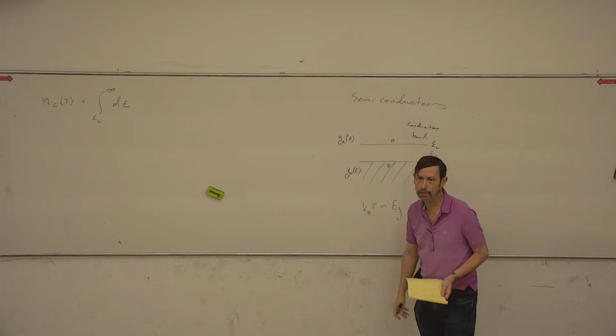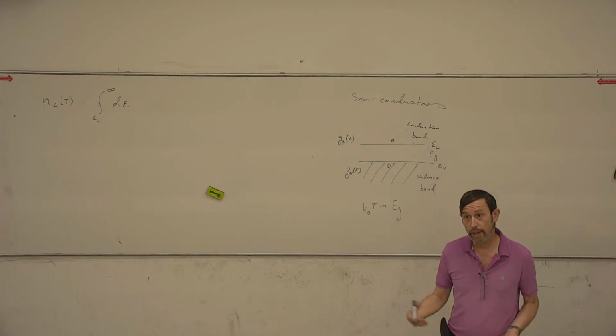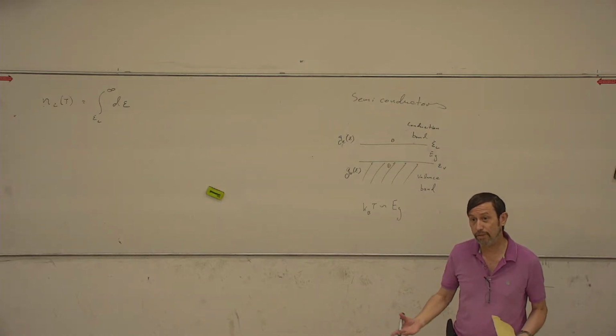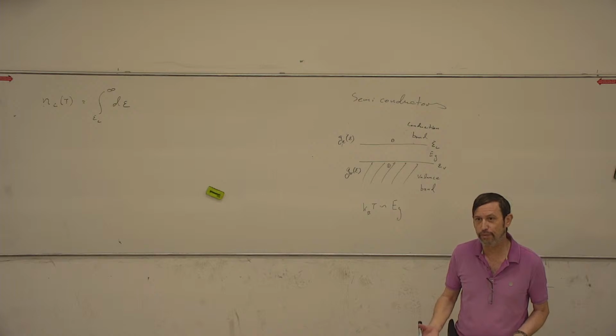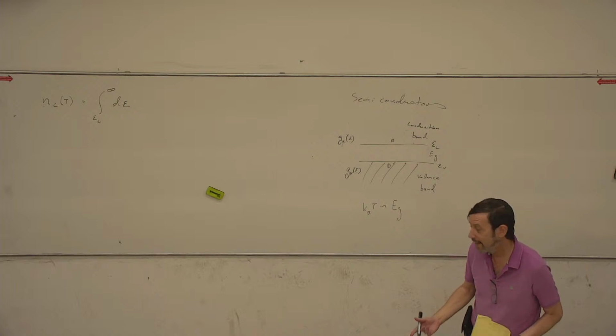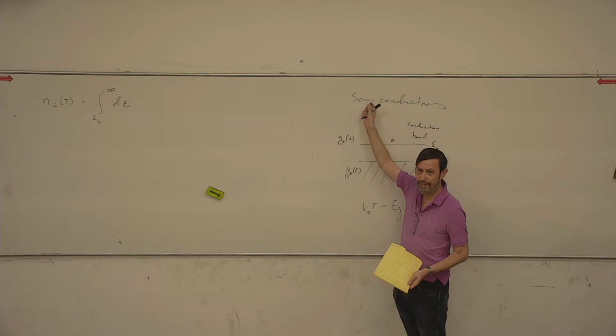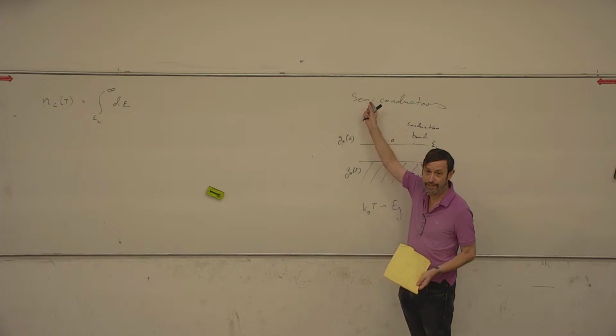EC is the bottom of the conduction band. Why infinity? Because at the end of the day I'm still considering relatively low temperatures, and it doesn't really matter that I don't take into account the end of the conduction band.